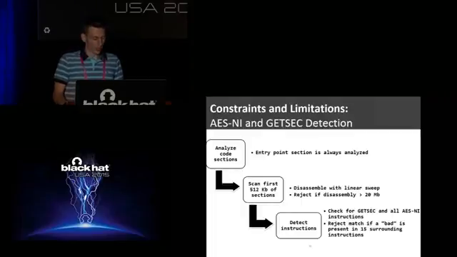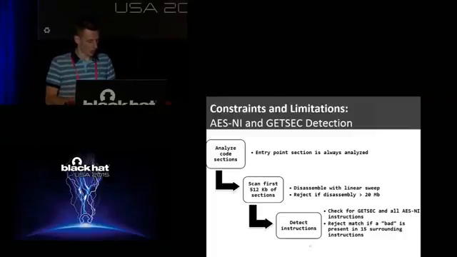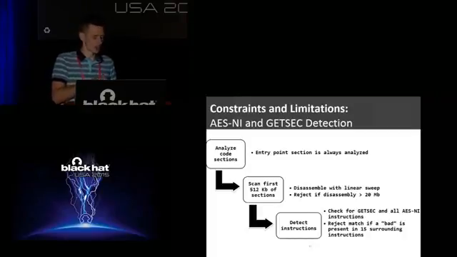When it comes to finding the crypto instructions and getsec, we were using the following approach. So we were analyzing executable sections and a section with the entry point, in case your entry points to non-executable sections. So this happened as well.